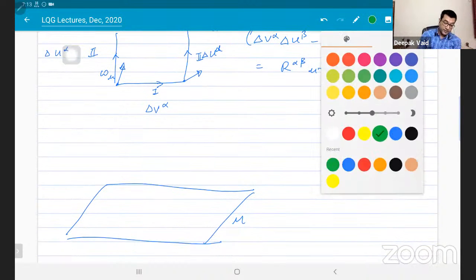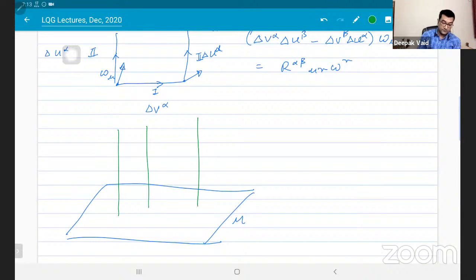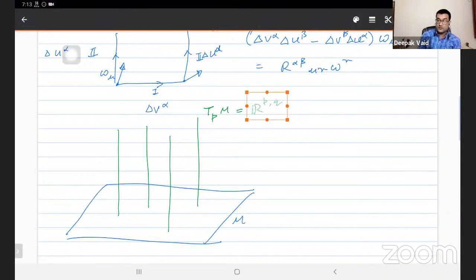Your fiber at each point is simply the tangent space of that manifold, T_pM, which in the case of, let's say, some space-time with signature (p,q), would just be the corresponding Minkowski space with signature (p,q), right?